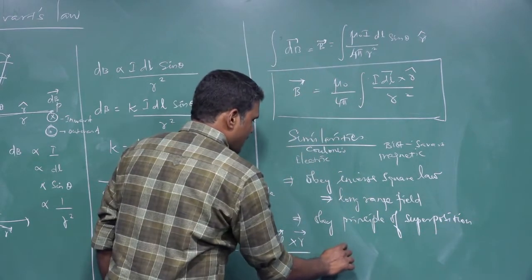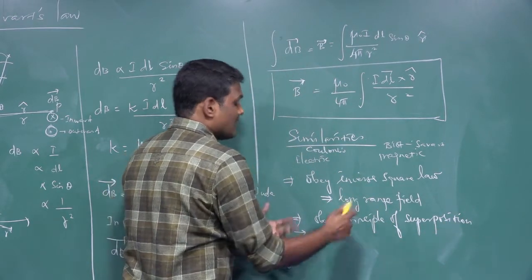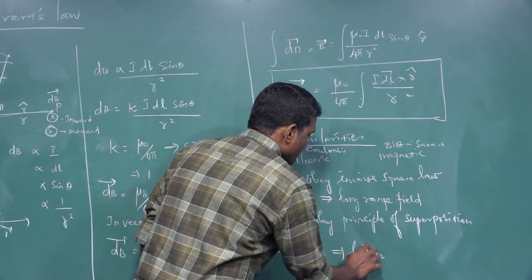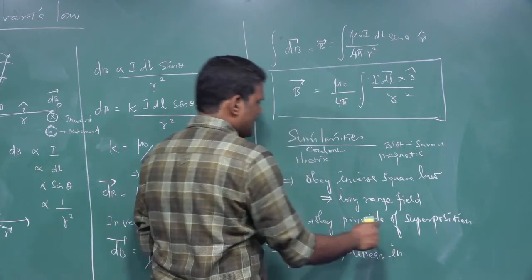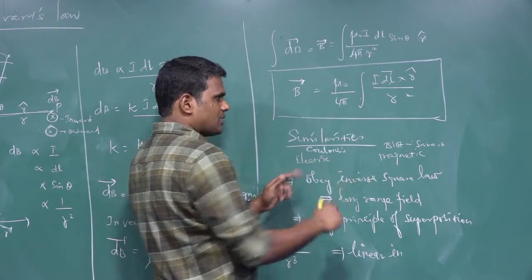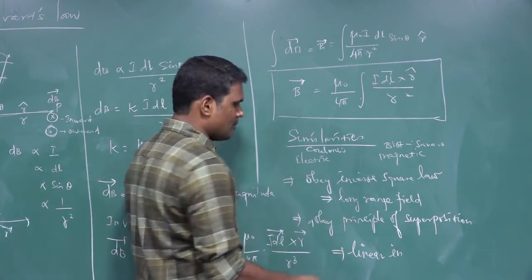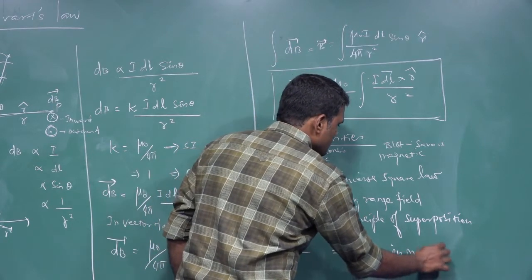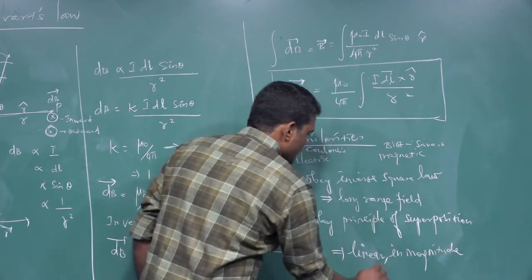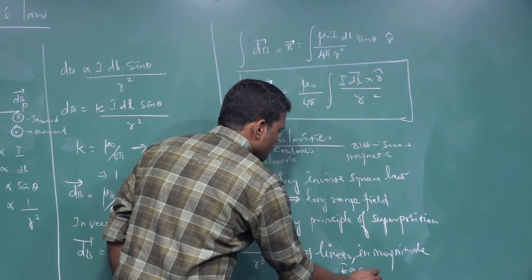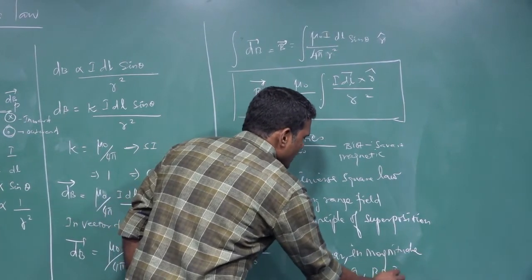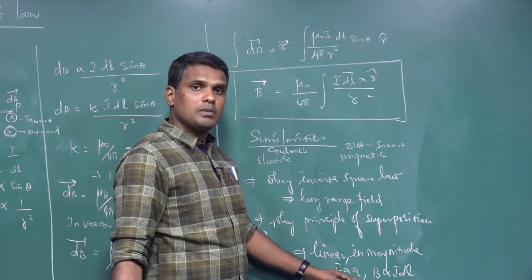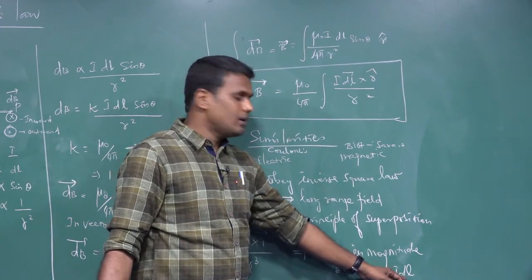Also, they are linear in magnitude. They are linear in the sense that the electric field depends upon charge and the magnetic field depends upon the current element. So in magnitude, I can represent E is directly proportional to Q and B is directly proportional to Idl. So in magnitude, the electric field depends upon charge and the magnetic field depends upon the current element.